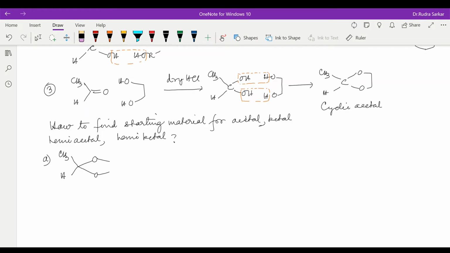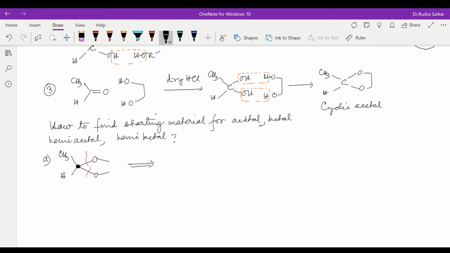Please understand. What do we need to do? Find out the carbon which is joined to two oxygens. So this is your carbon, which I have circled. Disconnect the bond between the carbon and the oxygen. So you're doing basically a heterolytic cleavage.